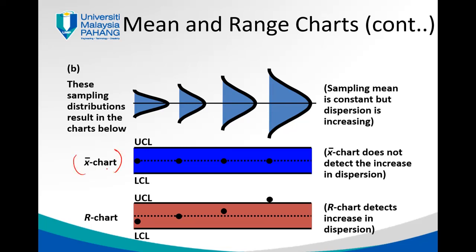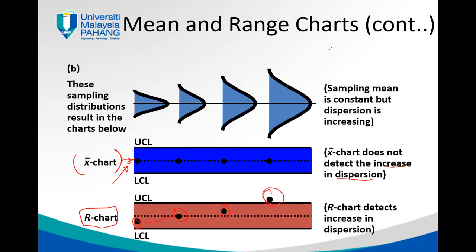Based on the X bar chart in this example, we can see that the mean of the value is quite consistent, located at the central line. The X bar chart does not detect the increase in the dispersion or in the range, but when we use the R chart, we find out that the range or dispersion is changing, from below here going slightly up and then going out of control.